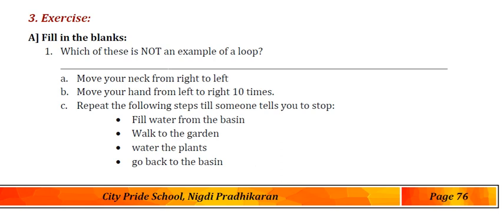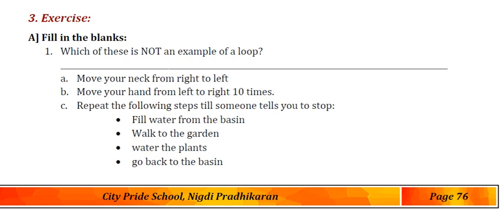If you see the options, option A is move your neck from right to left. Option B, move your hand from left to right 10 times. C, repeat the following steps till someone tells you to stop.